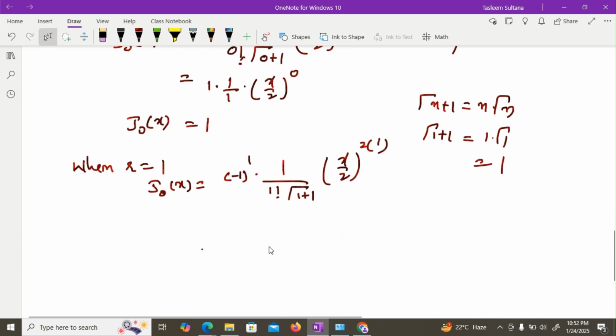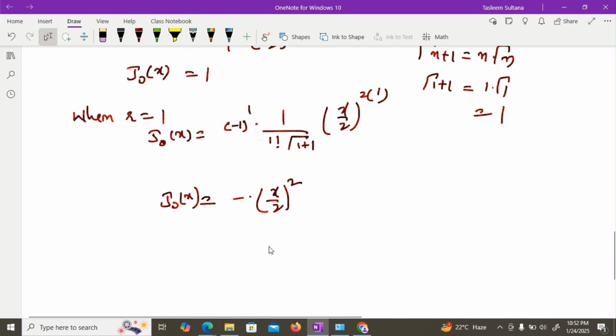So gamma 1 plus 1 we can represent as 1 into gamma 1, where in the place of n the value is equal to 1. So gamma 1 value is equal to 1. So J0 of x, we are going to get minus x by 2 to the power of 2.